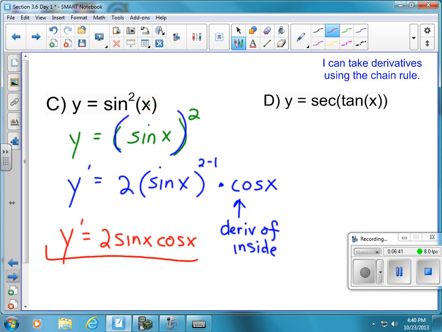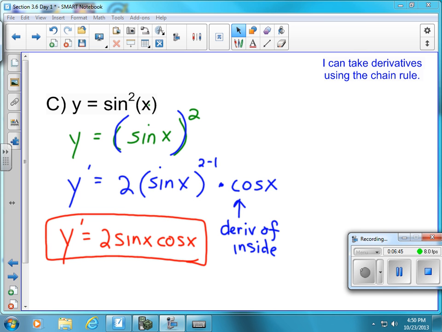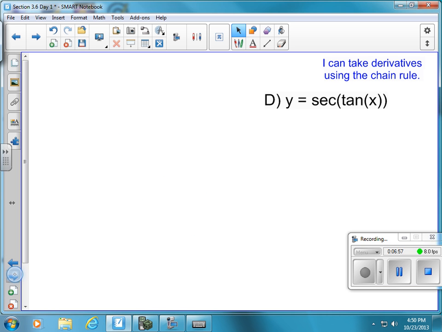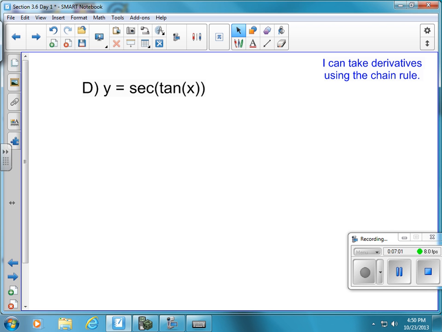And we're finished with that one. So again, this is your derivative when you take the outside derivative times the inside derivative. And we use the chain rule all the time. There are always questions on the AP test using the chain rule.